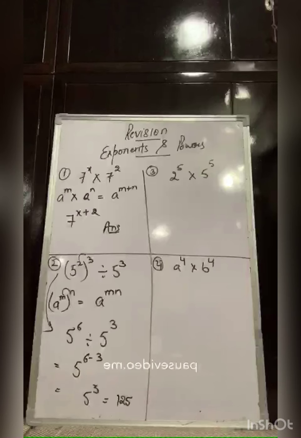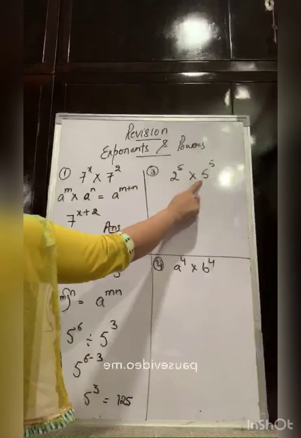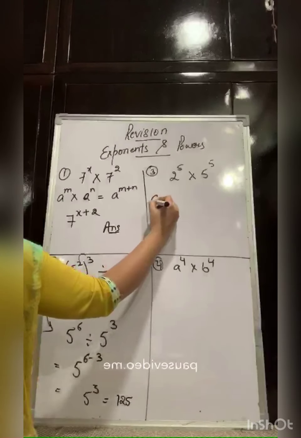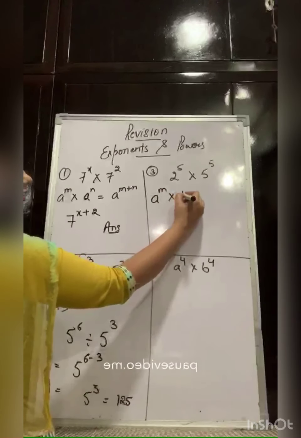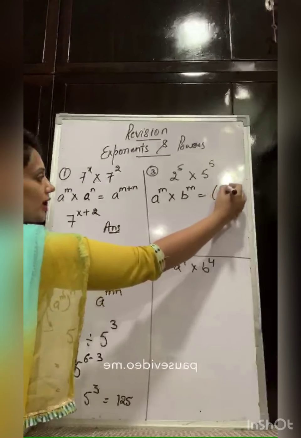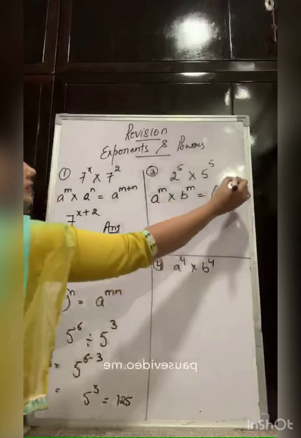See the next question. 2 raised to power 5 into 5 raised to power 5. Now what we can see is the bases are different but the power is same. So for that we have another law. a raised to power m into b raised to power m is equal to ab raised to power m.